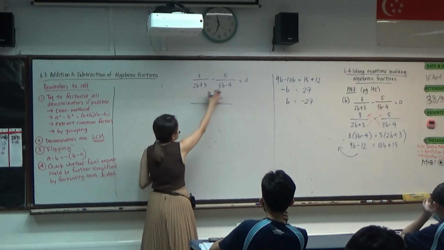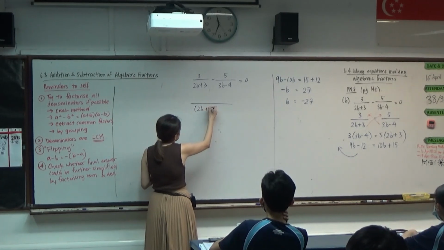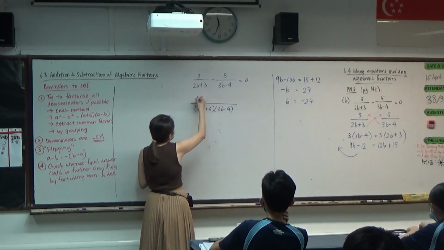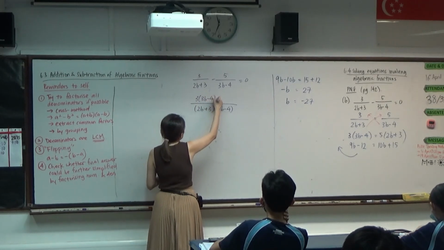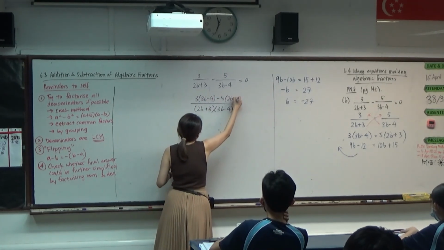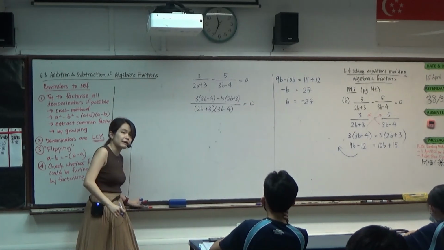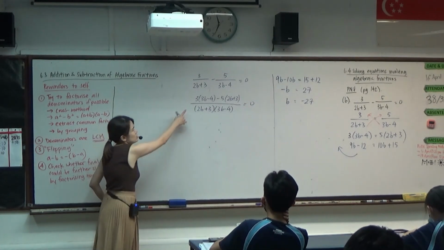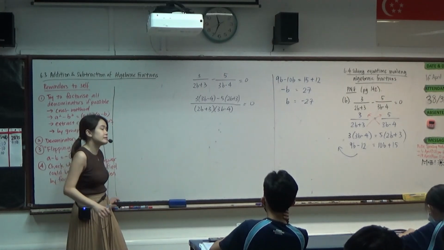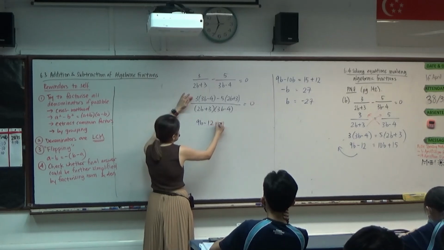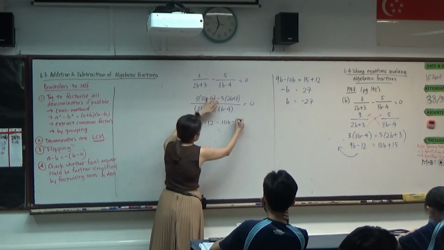So you can combine them into a single fraction. In this case, the denominator has nothing in common. I will combine them together to achieve this. I'm just going to demonstrate this to you. I want you to just get an idea that it's not very efficient, because to do this itself might be challenging for some of us. Then after you expand the numerator.